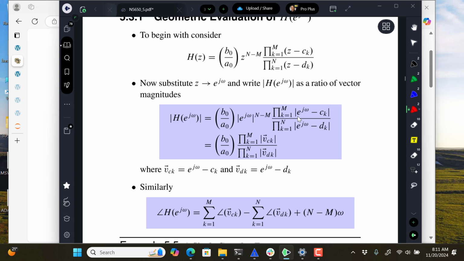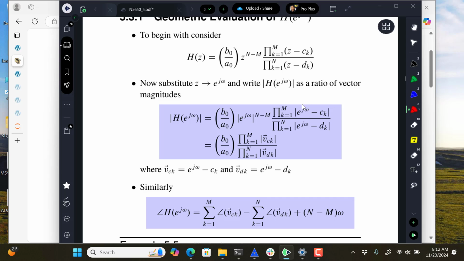You would have this product of, in the magnitude sense, a product of magnitudes that corresponds to a vector going from a pole or zero location to a point on the unit circle, e to the j omega.